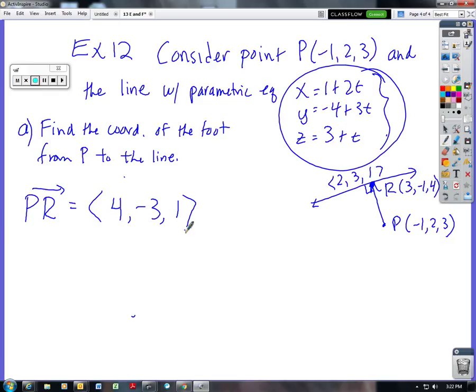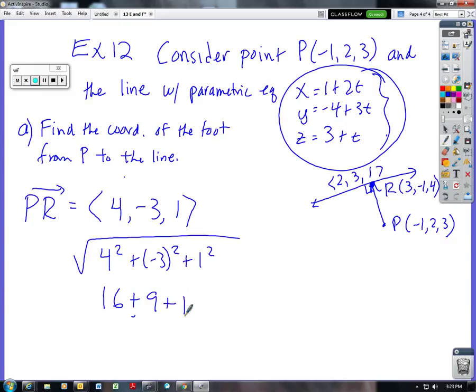And then find the magnitude. The magnitude is simply the square root. You're going to square each of these and sum them. So 16 plus 9 plus 1, 10, 26, root 26. And that does not simplify. And whatever the units are, who knows. There, great. So that's letter B.